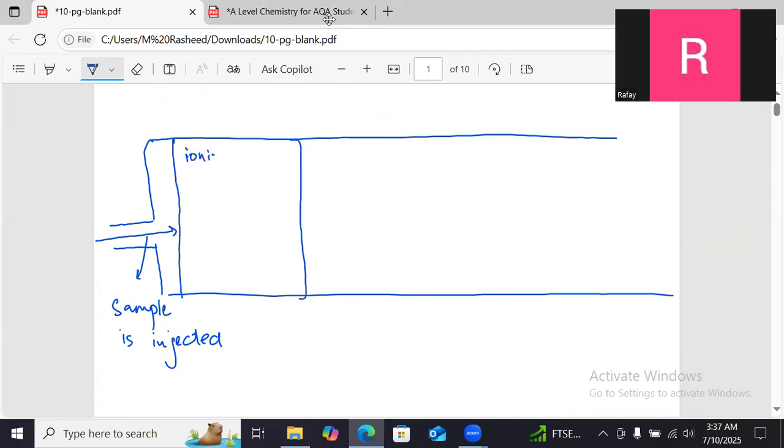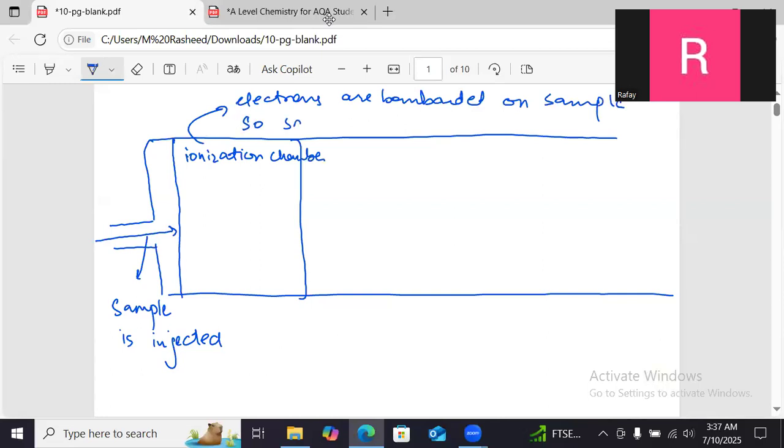This is ionization chamber where electrons are bombarded on the sample, so sample gets ionized. Let's say these are sample molecules that move toward the ionization chamber. So some electrons are bombarded on it.